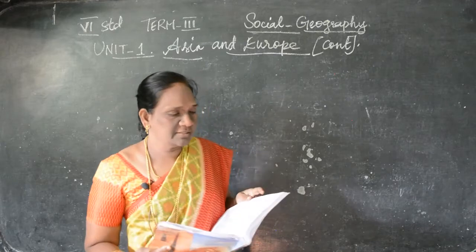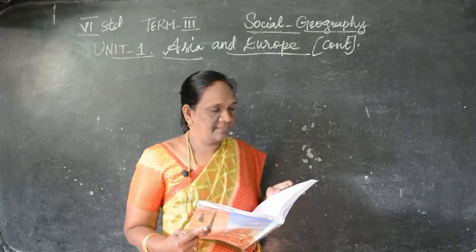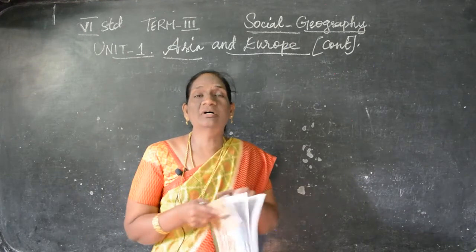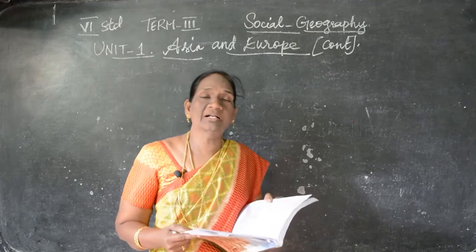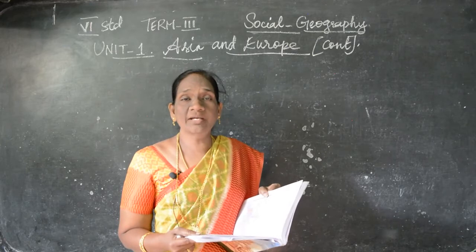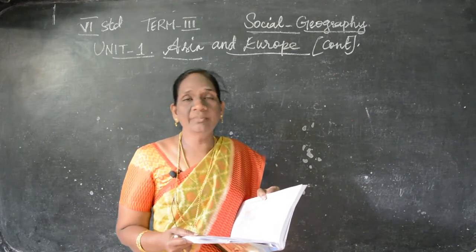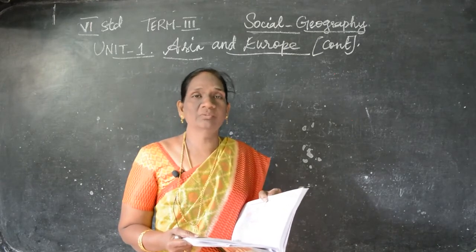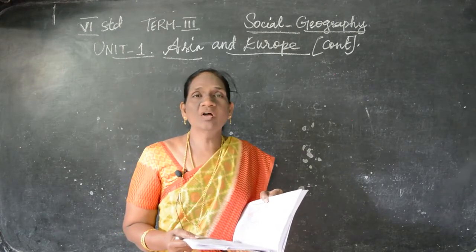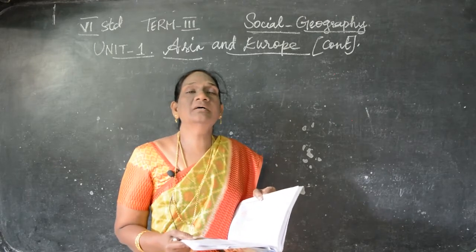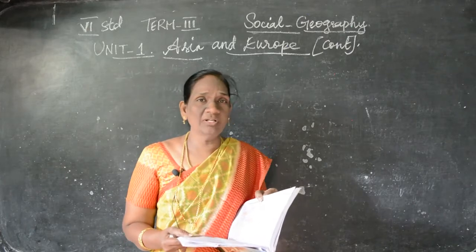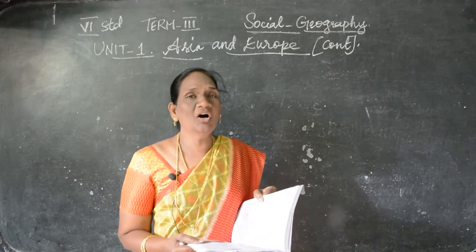We are going to see about the whole of Europe: the political condition, land and size, the area and location of Europe, the rivers that flow through this continent, and the mountain ranges. The differences between Asia and Africa and the similarities also we are going to see in this lesson. Are you ready?